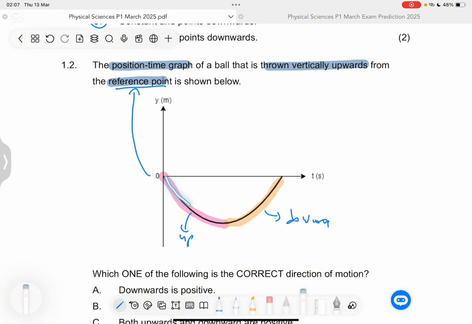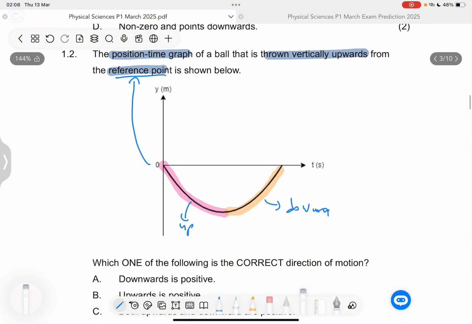So this is where the projectile is going up, this is where it goes down. So obviously, if you throw a projectile vertically upwards from the reference point, it will move from 0, go to the greatest height and come back to 0, because at the total time t here, we have a position of 0, the reference point, meaning we came back to the reference point.